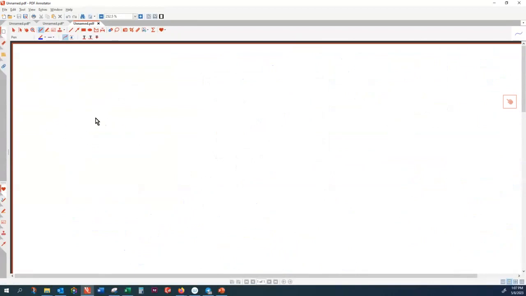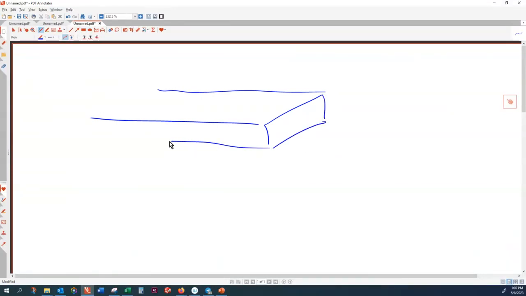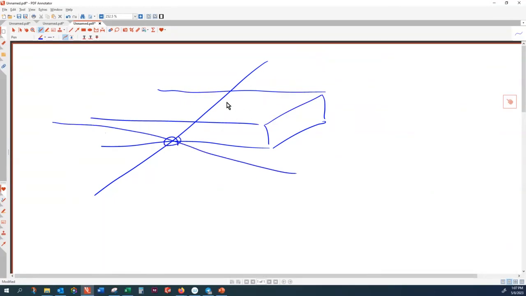So I'm exaggerating a paper, right? And also I exaggerate a scissor. So that scissor applies a load, or let's call this V. This is the force, shearing force. And then my paper would cut through this area.